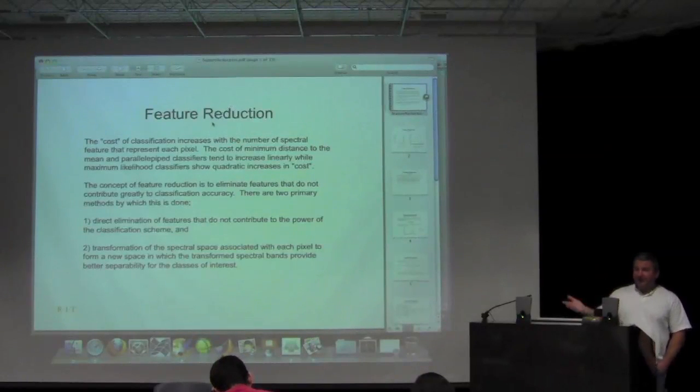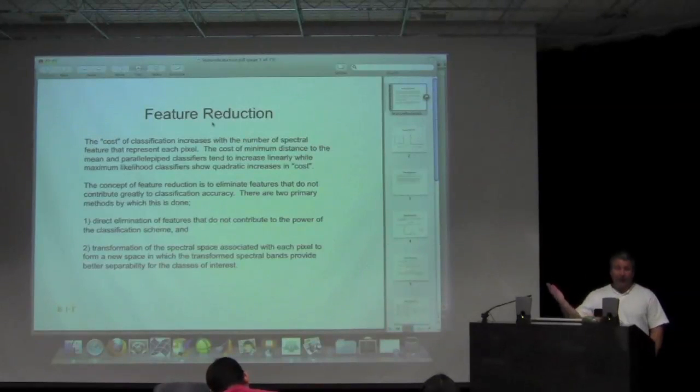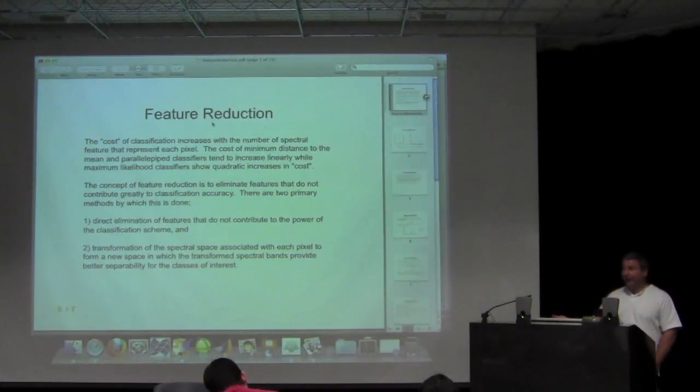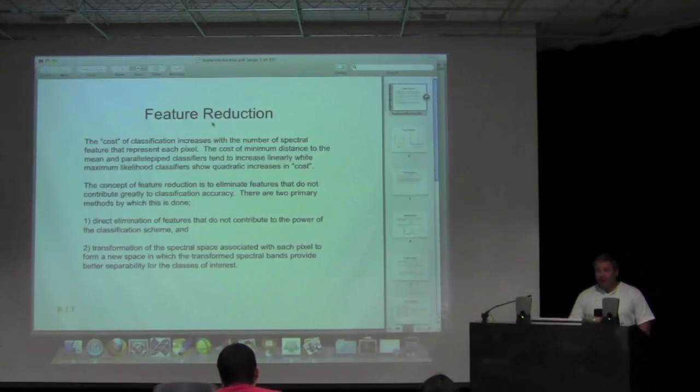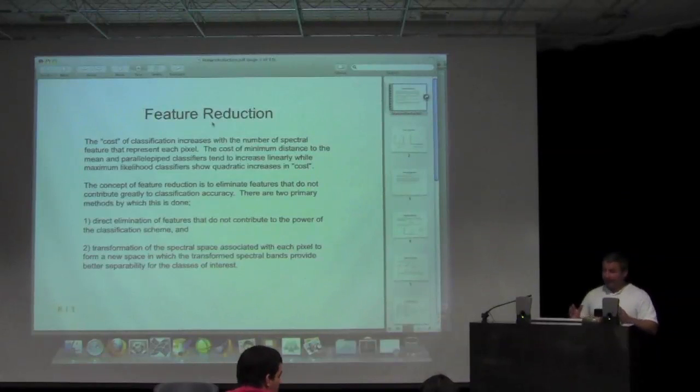Number one, if you have lots and lots of features and you want to do some sort of processing after the fact, the cost of classification, if that's the processing you want to do, goes way up with the number of bands that you might have. It's a lot harder to compute inverses of much larger matrices, just computationally. It takes more time.